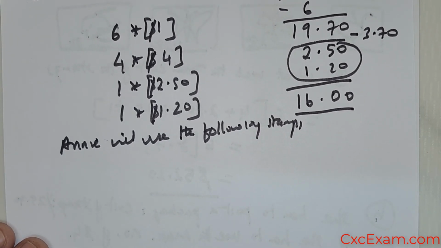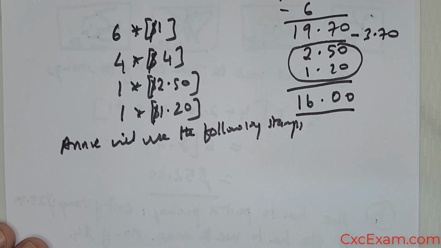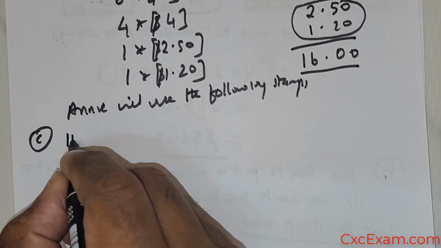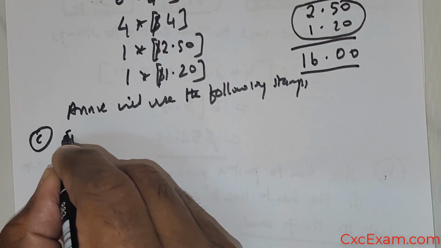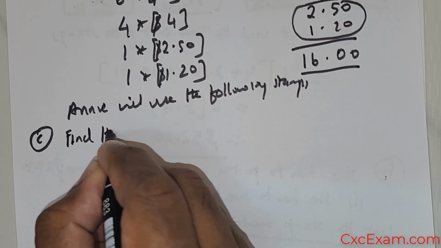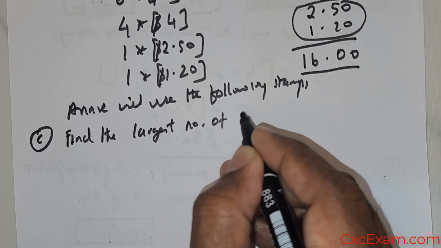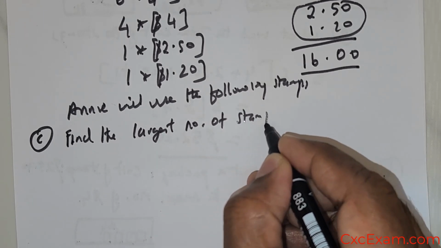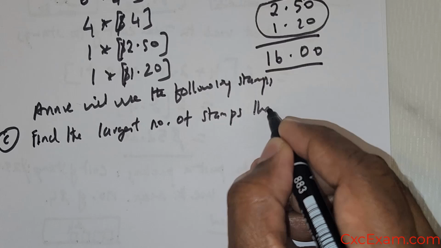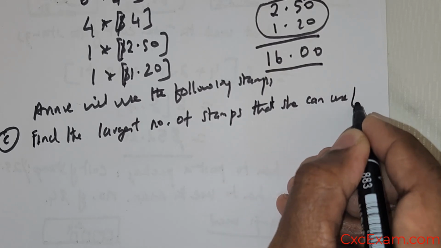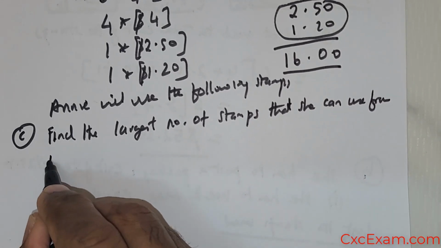Now the next is, let's move on to part C. Now this is the next question. The question is as follows. Find the largest number of stamps that she can use from a collection.